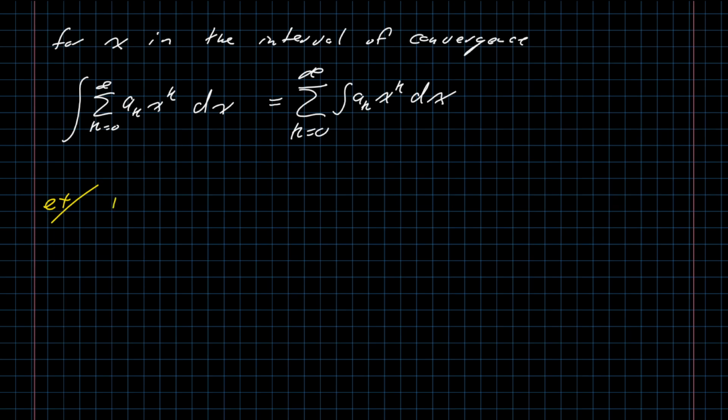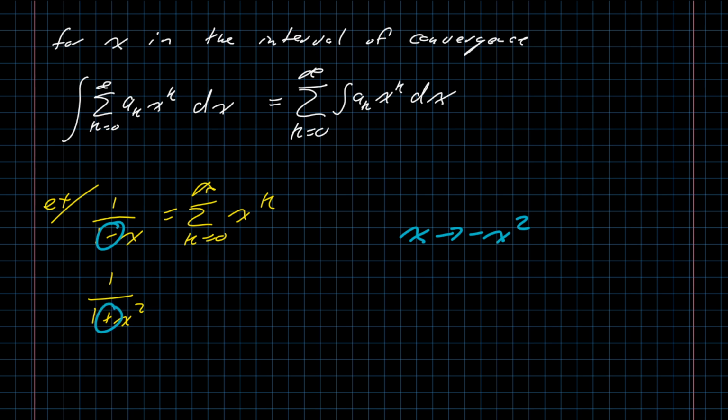I'm going to start somewhere that seems very innocuous. 1 over 1 minus x, which we know is the sum k goes from 0 to infinity of x to the k. I'm then going to look at 1 over 1 plus x squared, where I replaced, and this is a little bit tricky to see, x with minus x squared, because the minus turned into a plus, so it's minus minus x squared.